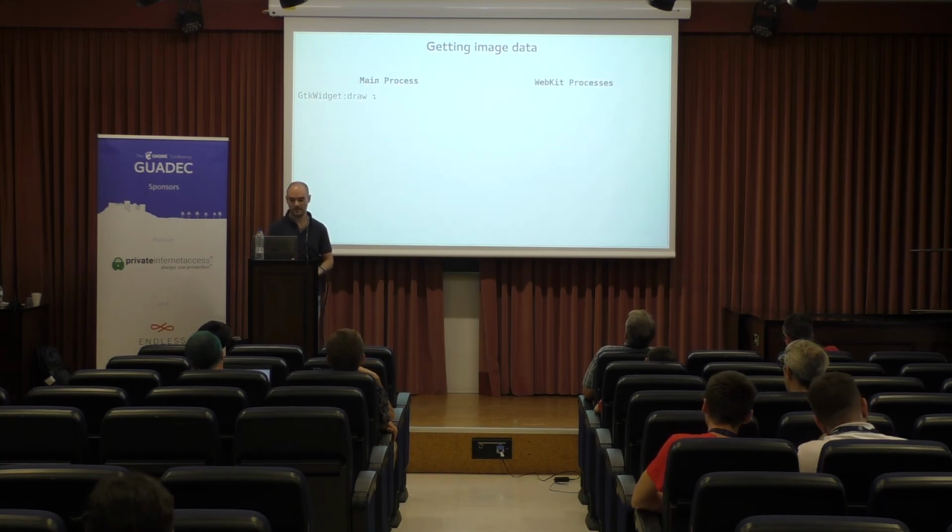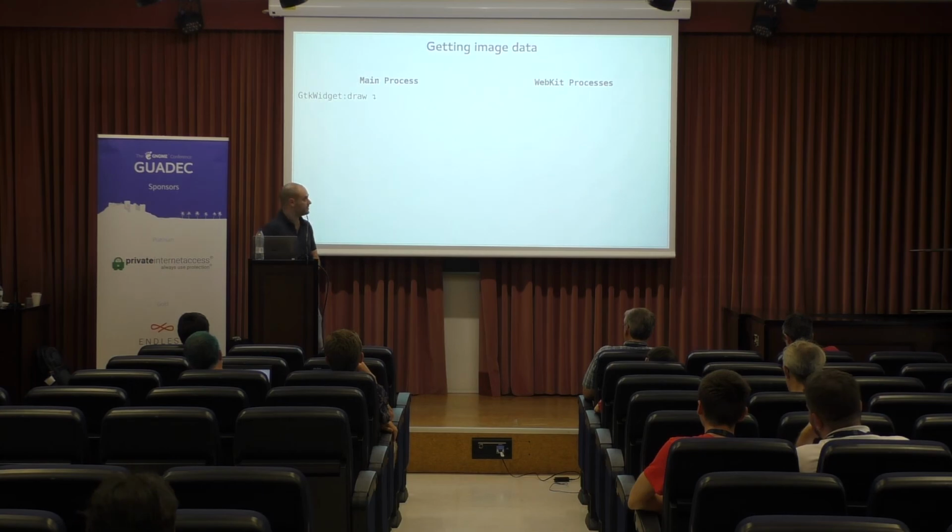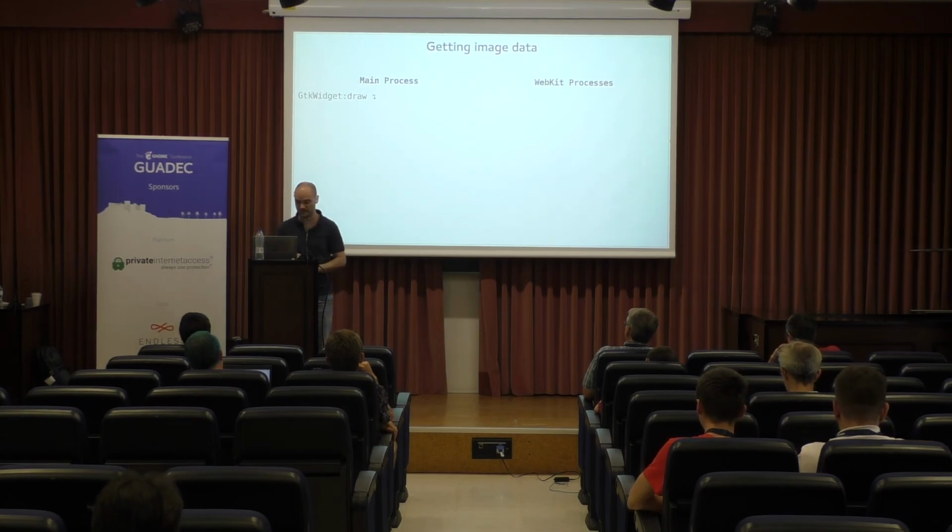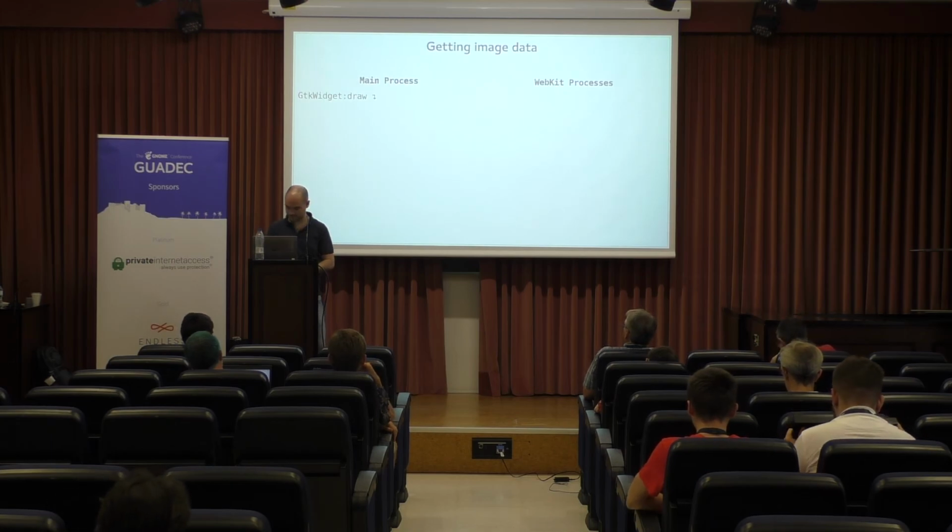So, what's going on behind the scenes? This is a simplified version, because WebKit has more than one process, but I'm just going to split things into the main process where the UI and GTK is running, and everything that runs on WebKit. So you get a draw from a widget that causes a damage event.